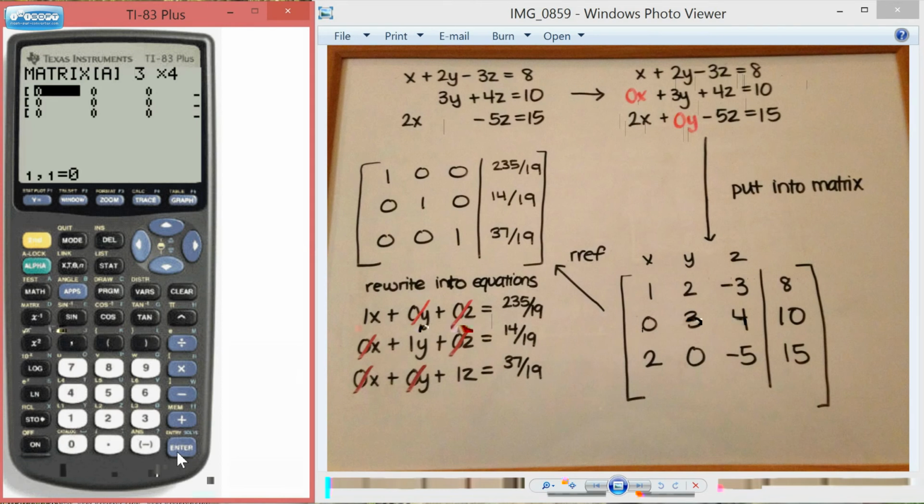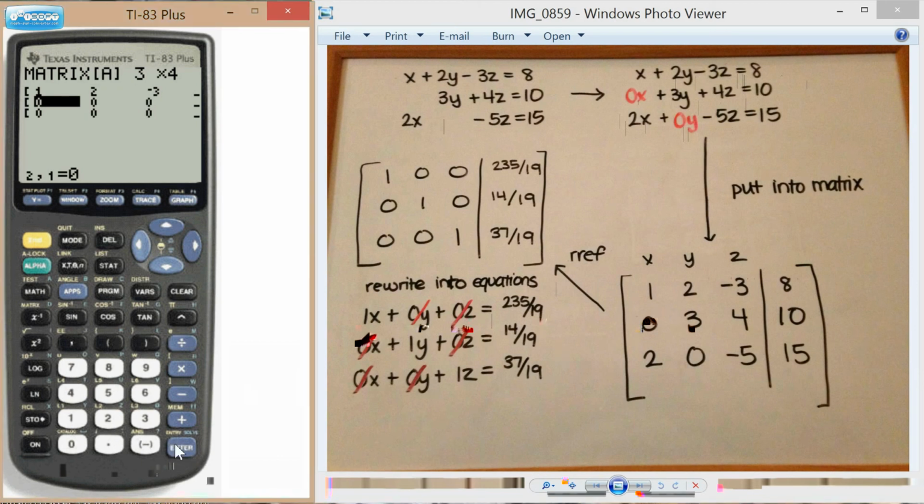And then we're going to go ahead and input the coefficients. The first coefficient we have is 1 in our matrix, and you just press enter and it'll scroll over. So then you can put 2, -3, and 8. So we're just reading across the rows. Once you press enter, it'll jump down to the second row, and you're just reading across once again.